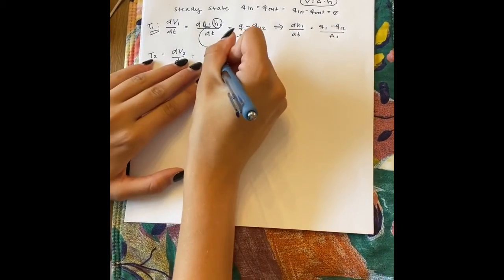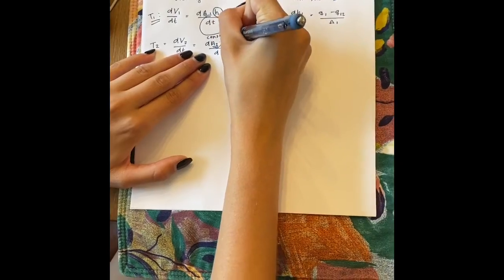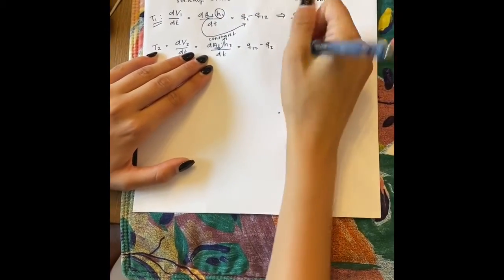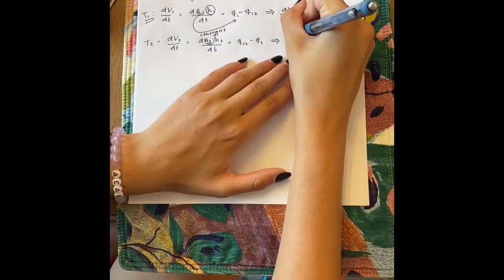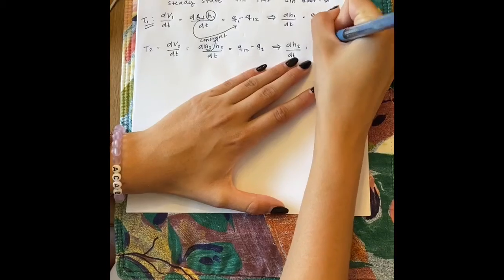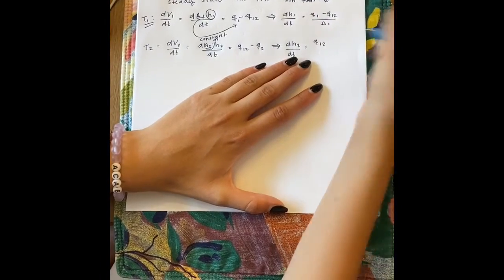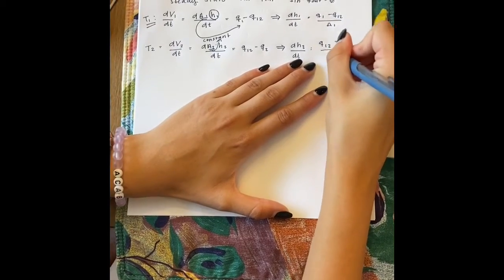And again, the area of our second tank is constant, so it's not going to change. So we can bring it to the other side to simplify. So the change in fluid height of tank 2 over time is equal to the flow rate from tank 1 minus the flow rate out of tank 2, over area 2.